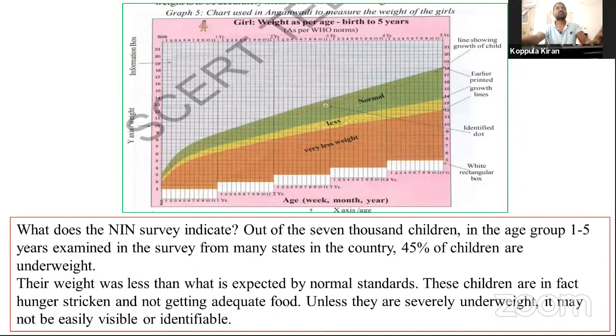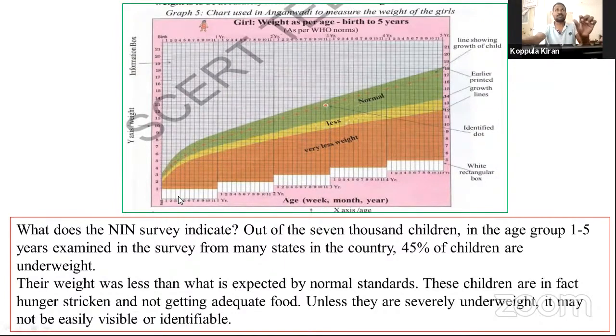First one, these white bars are the birth stage. Then first year, second year, third year, fourth year, fifth year. Very less height is very bad. Less height, normal height. Not only height, but weight is also very low in this.